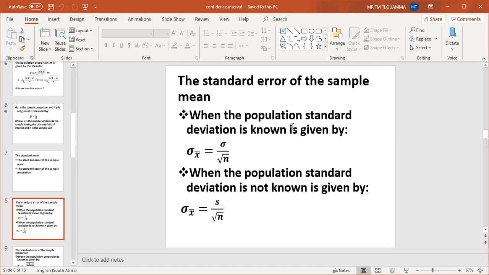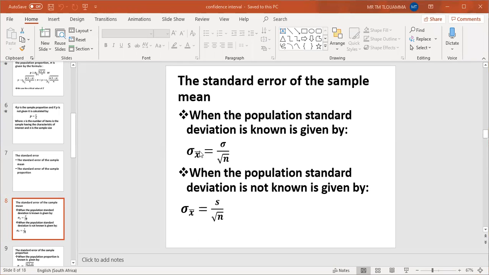Because even in this case, we're going to use the same approach when the population standard deviation is known. The sigma is known. This is the sigma, right? So if sigma is known, we're going to use this formula of the standard error of the sample mean, meaning they will ask you to calculate the standard error, okay?